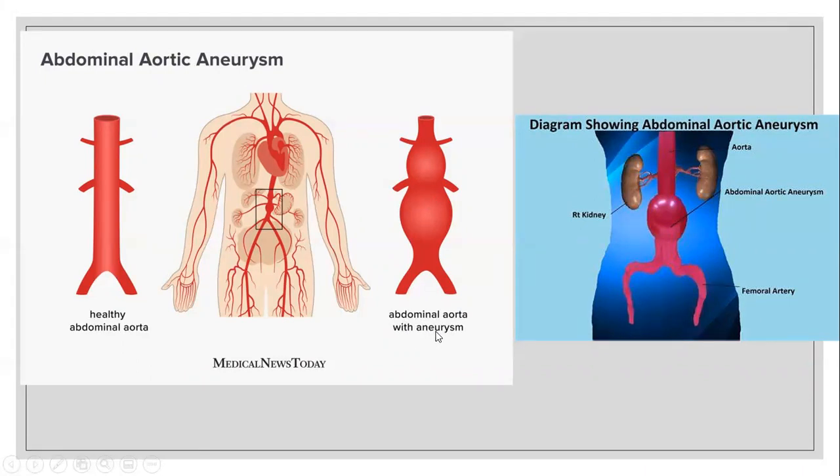What is an aneurysm? Aneurysm means a weakening part of the wall of the aorta. We can see an abdominal aortic aneurysm. When it is weakening and blood goes through, it puts pressure and has a chance to rupture, and it is a life-threatening medical emergency.